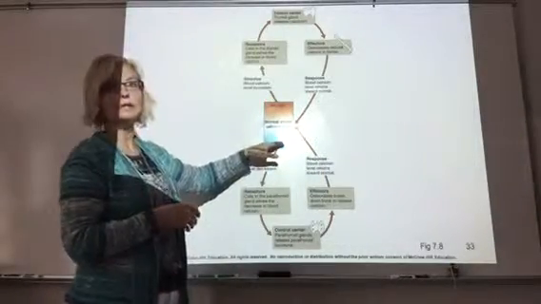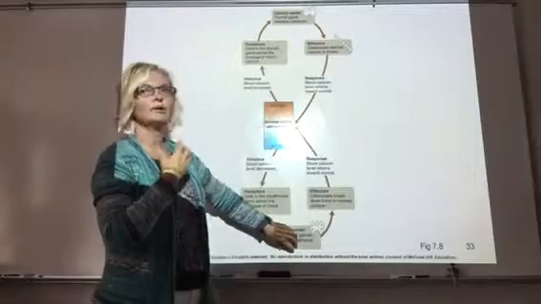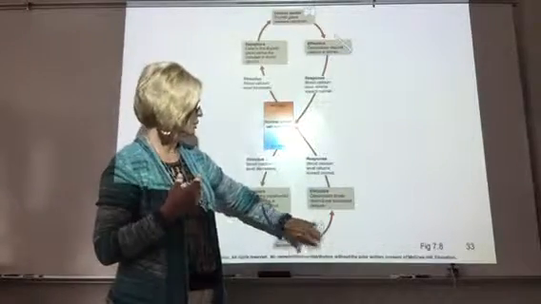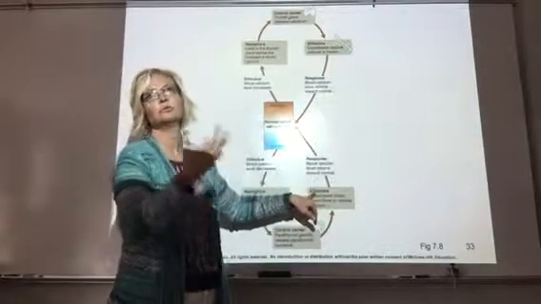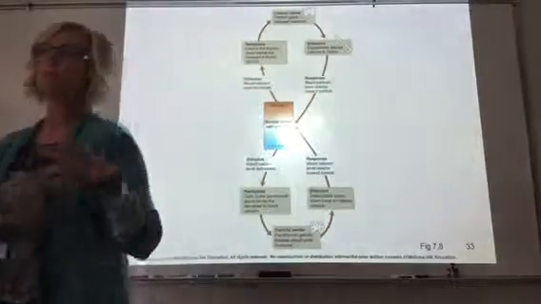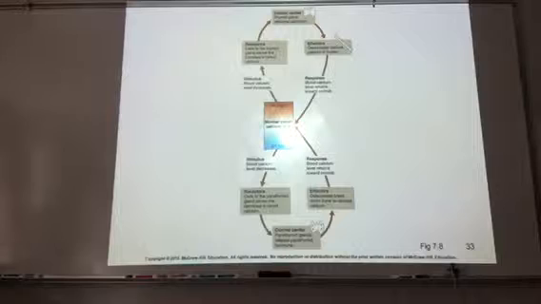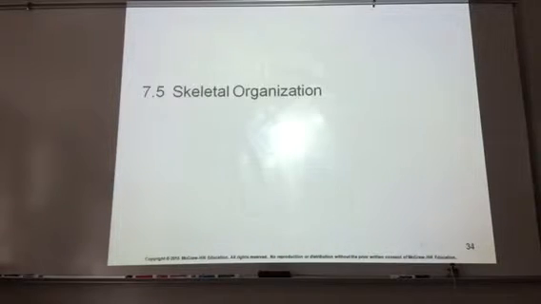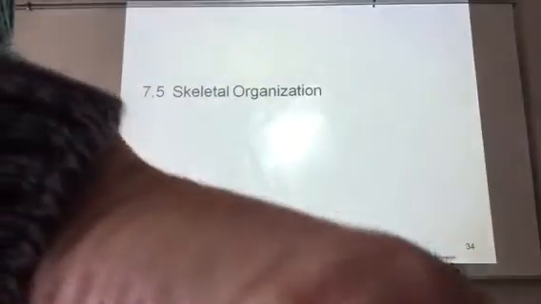Too little calcium, my parathyroid is going to cause osteoclasts to release calcium. So I am going to stay at that normal level of calcium. And I'll stop there quickly.